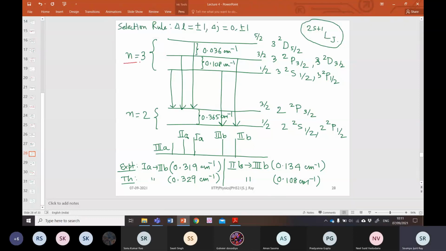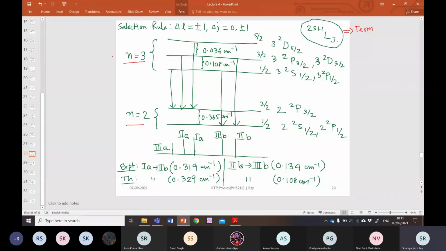For example, for n equal to 3 and n equal to 2, we have drawn the possible energy levels which are characterized by different terms. The term symbol we explained in the last class. It is usually characterized by this convention: 2S plus 1 L J. Now for different values of L, we will get these terms like S, P, D, F.